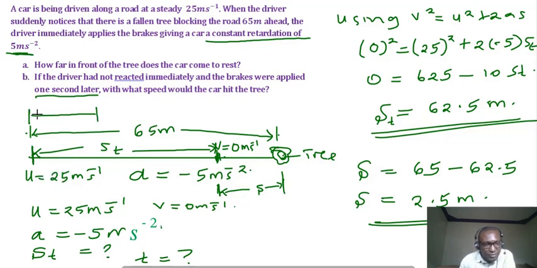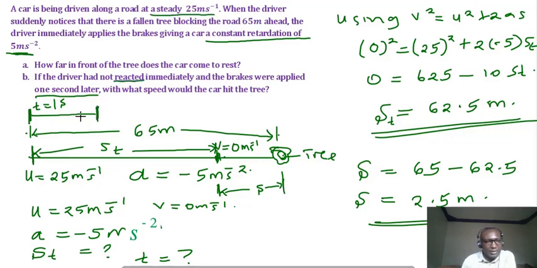So we need to first of all find this distance, and the rest will act like what we have been looking at here. So the t here is equal to 1 second. We now need to find the s, the distance which is traveled between here and here.